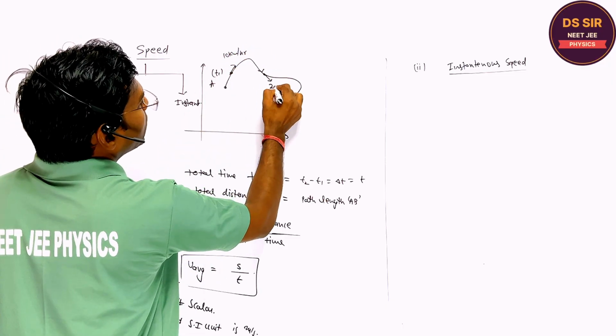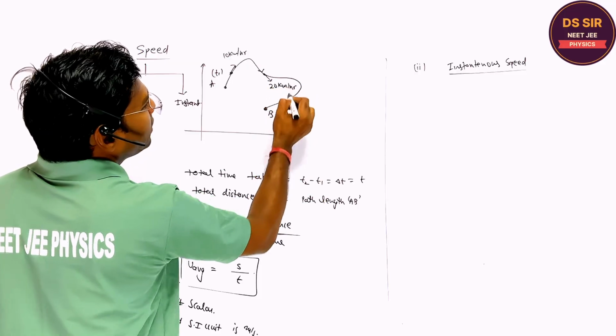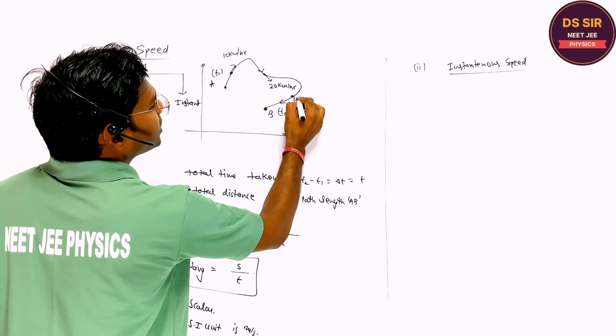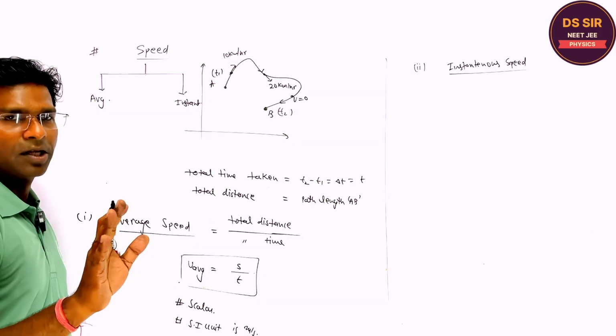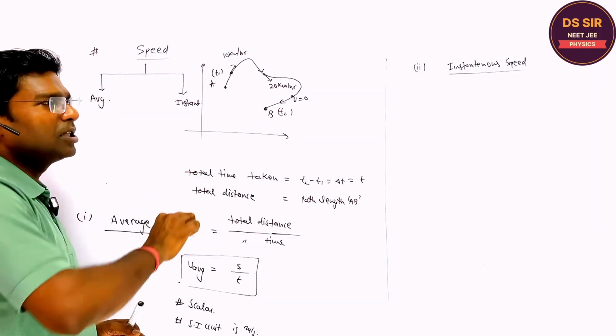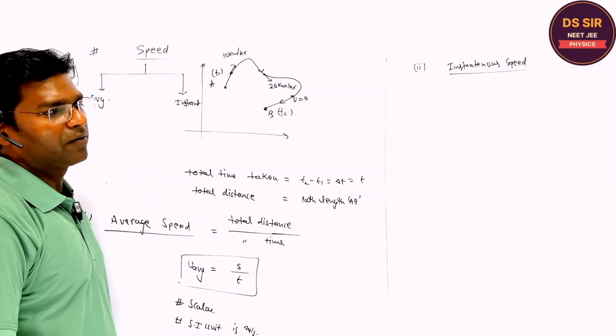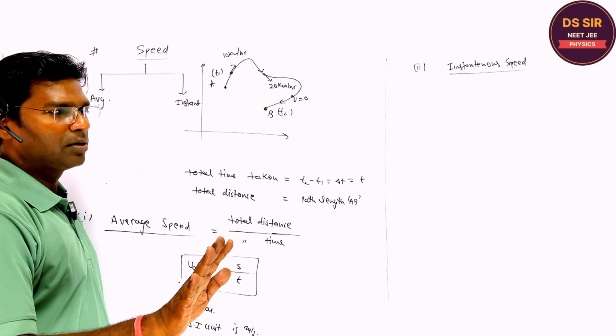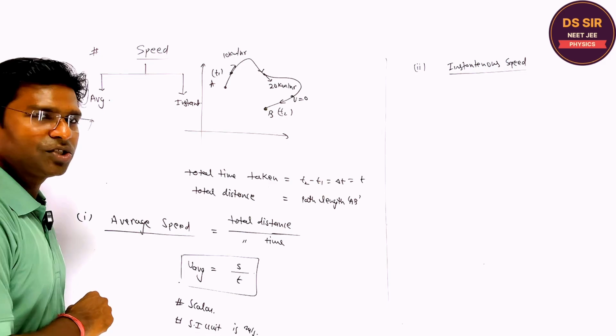Sometimes it becomes 20 kilometer per hour. When the red signal comes, the speed becomes 0. Are you getting or not? So the instantaneous speed is nothing but the speed at a particular instant of time. You understand or not?